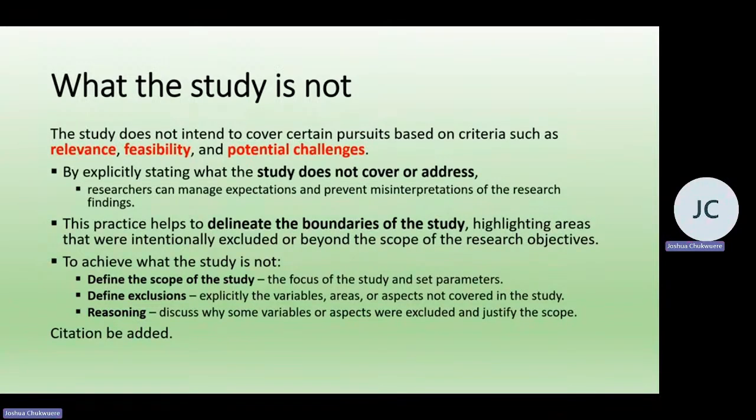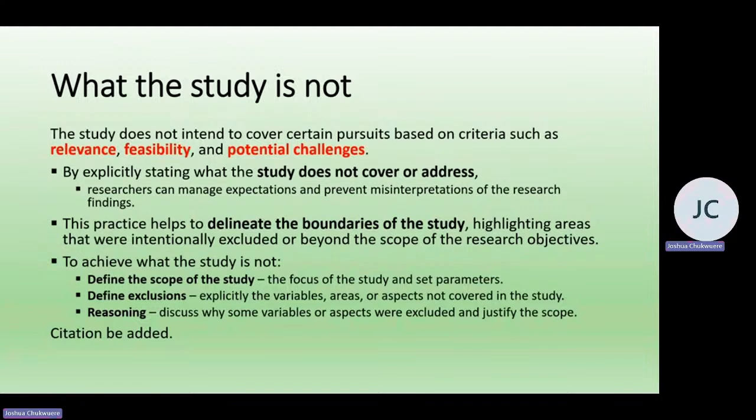In conclusion, this presentation covers the following: the significance of the study and how it can be applied; limitation, which means those constraints, those things that can hinder you or be a challenge to the study; what the study is not, where you bring every kind of exclusion, what the study will not cover; validity and reliability, talking about the trustworthiness of your findings; and the layout, which gives an overview of the different chapters of the study.